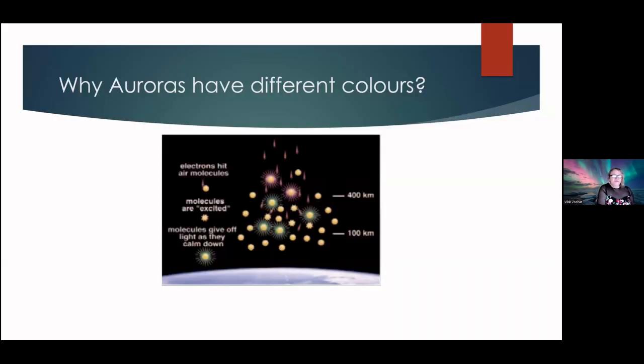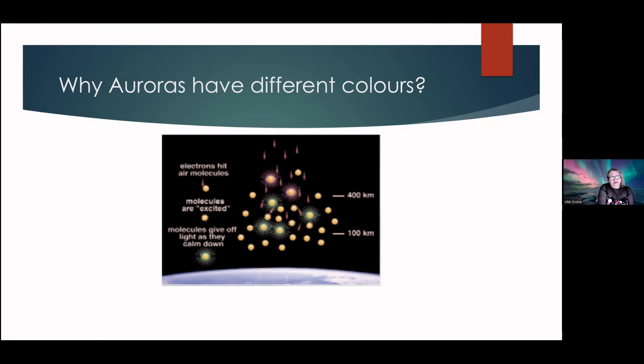But before talking more about the aurora oval, let's see why auroras have different colors and where the aurora appears. So aurora usually appears at a height of 100 to 400 kilometers. So it's really high away from the Earth's surface.